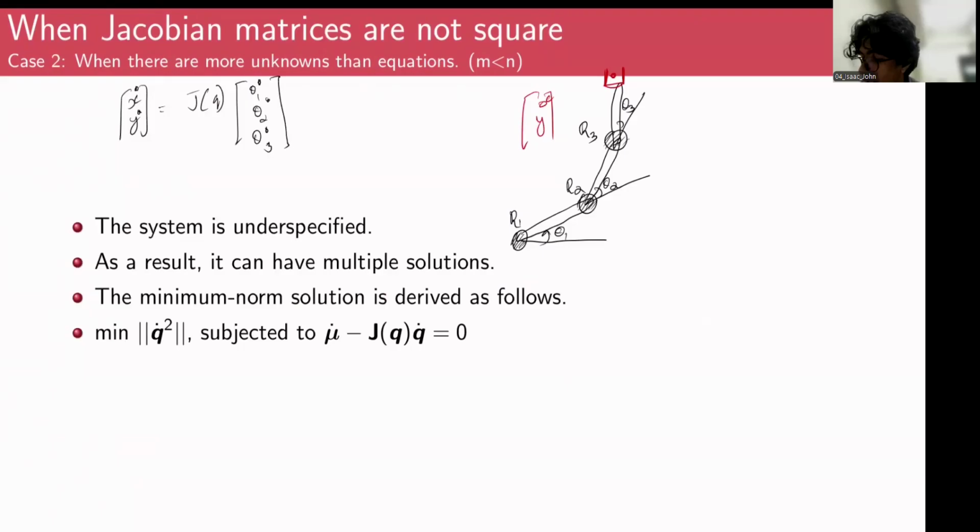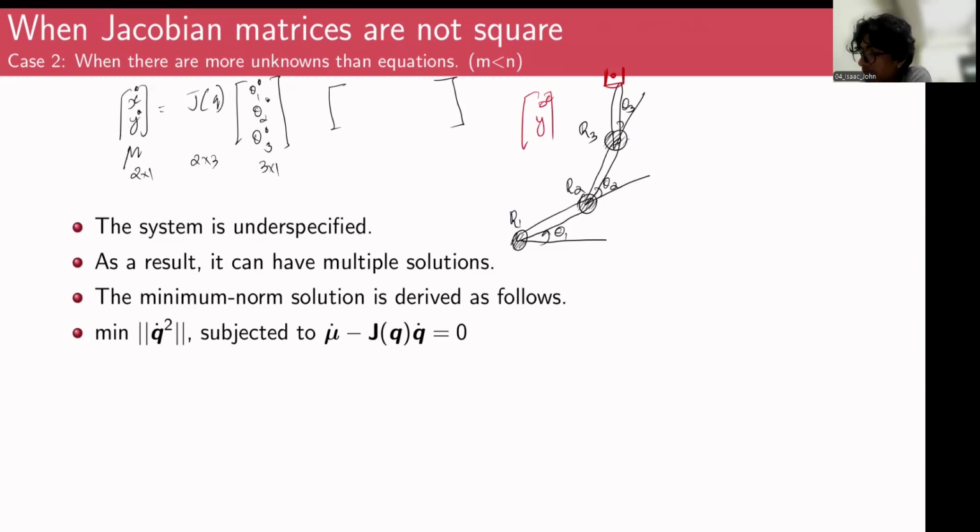So your mu vector, the task space vector, is now 2 cross 1, and your joint space vector is 3 cross 1. In that case, your Jacobian would become 2 cross 3. Right, now the Jacobian matrix is short and broad. It's wider than the previous case.